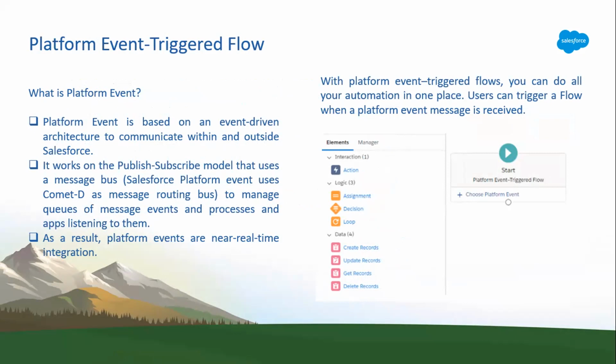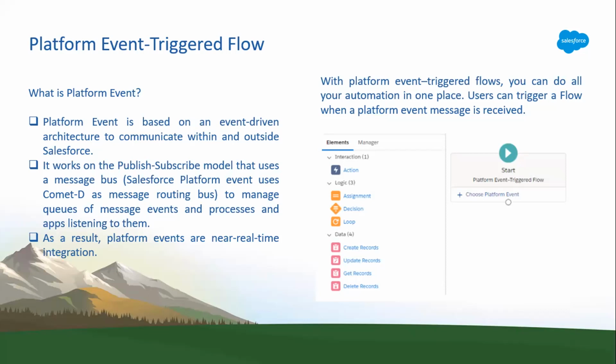As a publish and subscribe model, it uses a message bus to carry message events to the processes and apps listening to them. So we can think of the platform event as a near real-time integration.